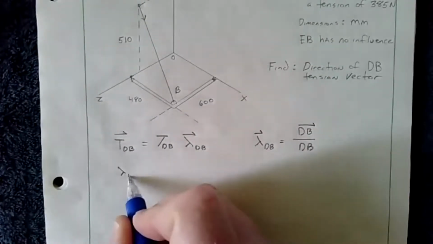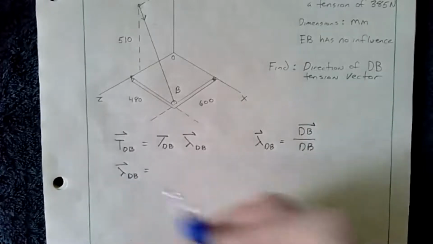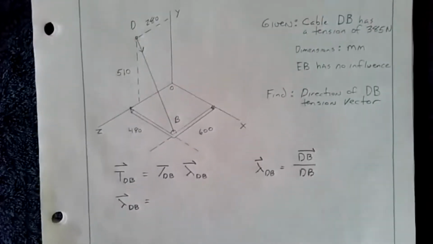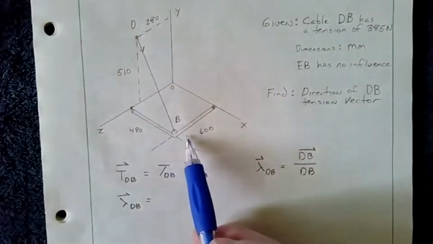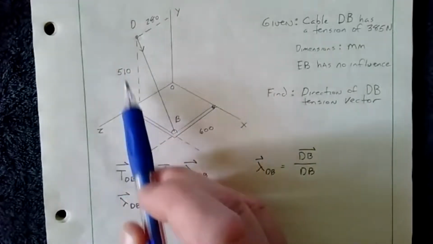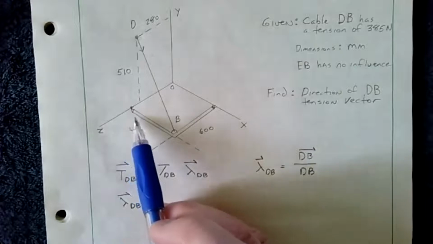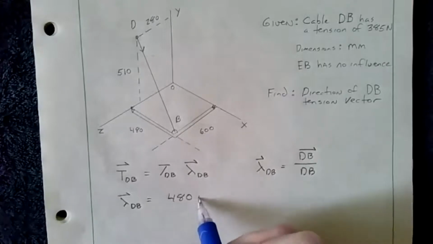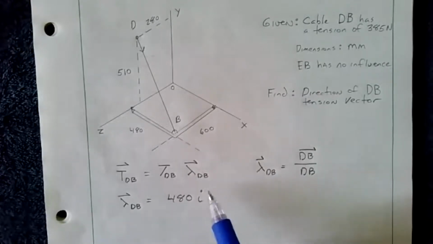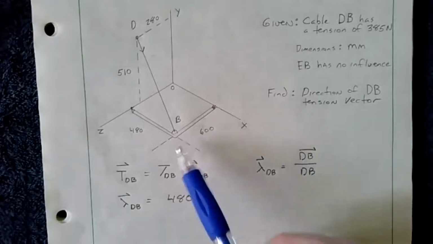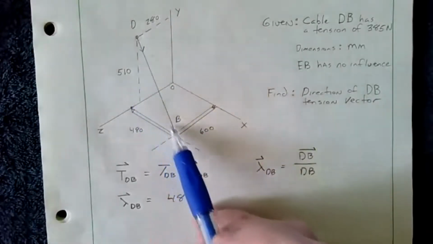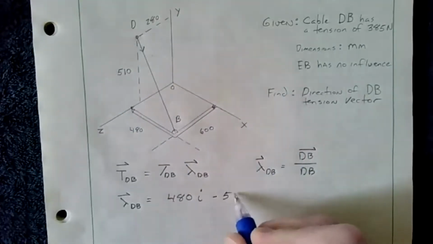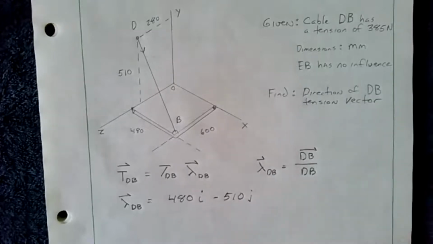So we know that lambda dB is equal to, now we want to look at our directions. So how far in the X, if we're going from D to B? D is at the YZ plane, so that's the origin. So we're going to go out 480 millimeters. So that's going to be 480 i. And then we want to go in the y direction. Well, D is up here, B is at the origin, so we're going to go down a negative 510 in the y.